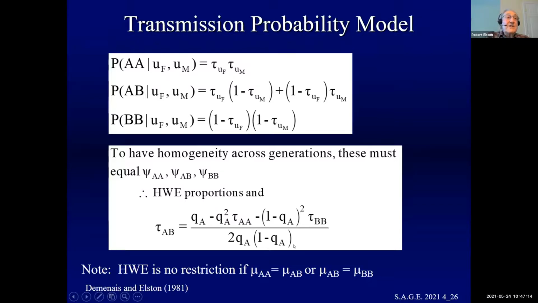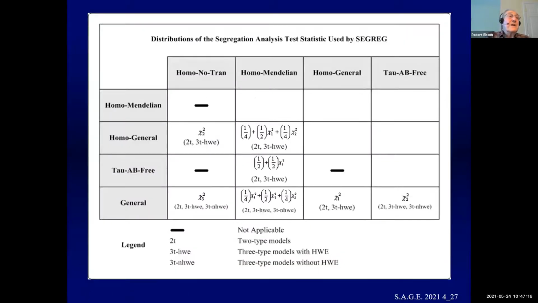That leads to complications. So when you look at the segregation analysis test statistic used by S.A.G.E, this is what you get. Remember, we are assuming as a model a column, and under that model we are testing a hypothesis.